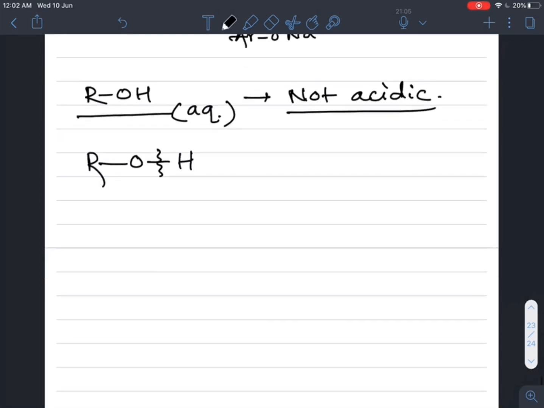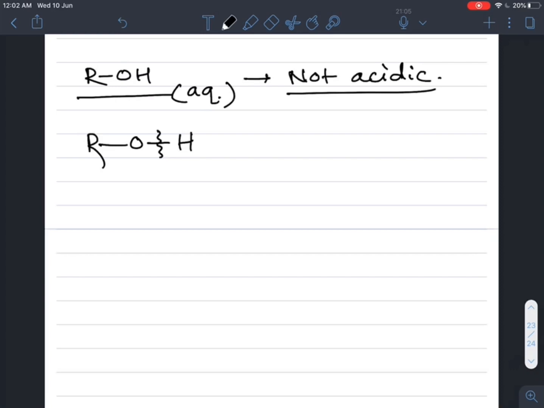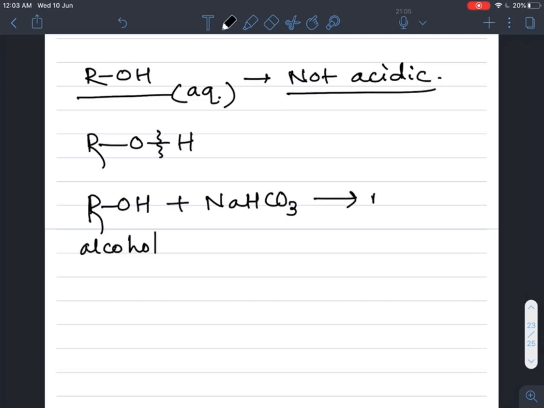So when it is treated with a weak base like sodium bicarbonate or sodium hydrogen carbonate, ROH, the alcohol, shows no reaction.